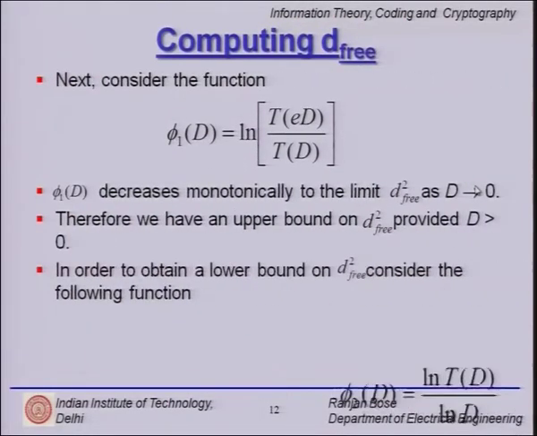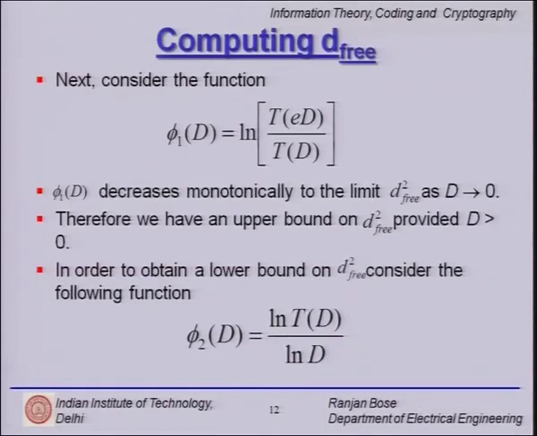So, let us consider the function phi 1 as a function of d as the log of the ratio T(d) over T(d). Now, this phi 1(d) decreases monotonically to the limit d free squared as d tends to 0.